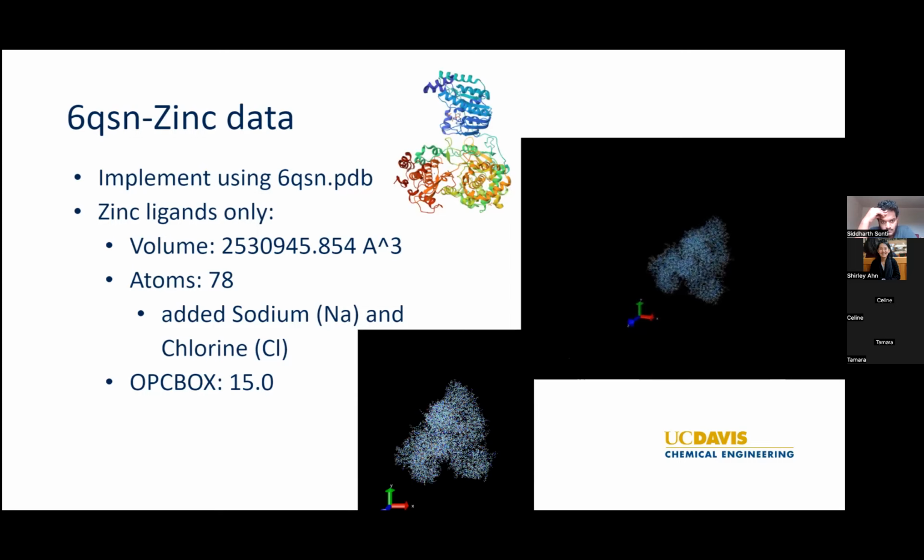With the parameters, I found the number of atoms, and I added 78 atoms for sodium and also chlorine. It still had about 36 electrons left over, and I got rid of that by adding 36 more chlorines. I used an OPC box of 15.